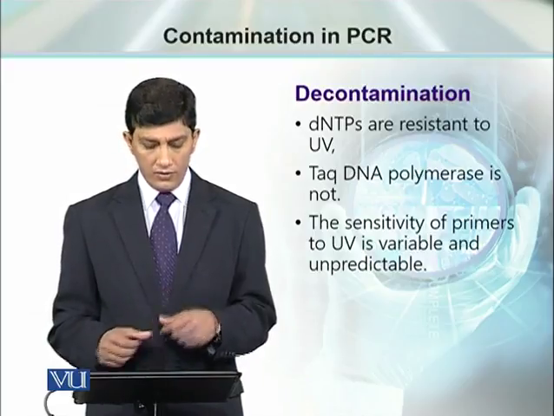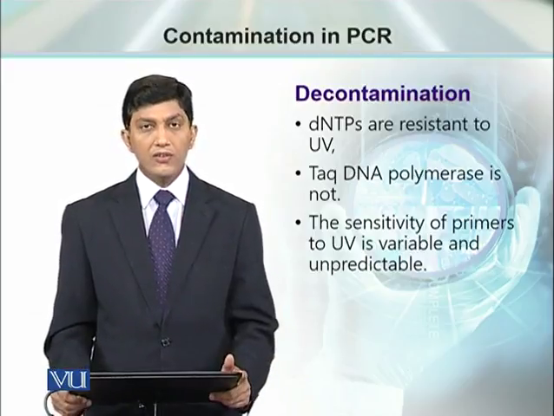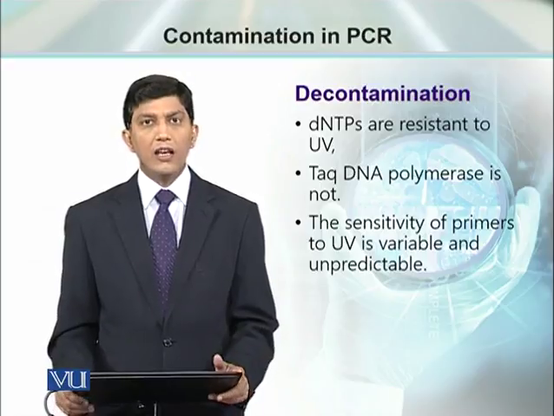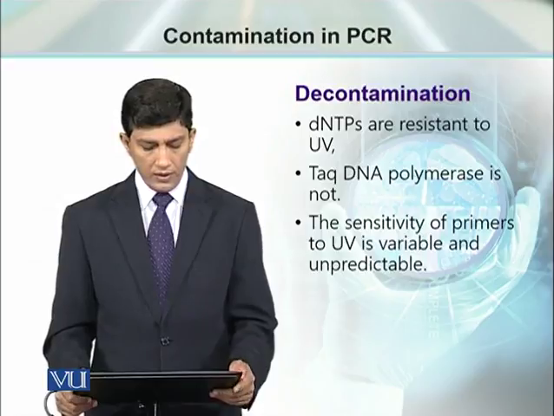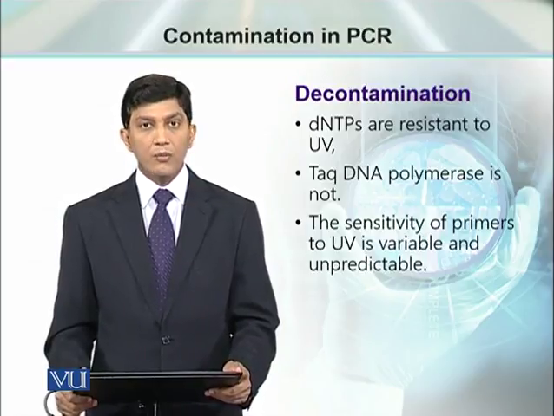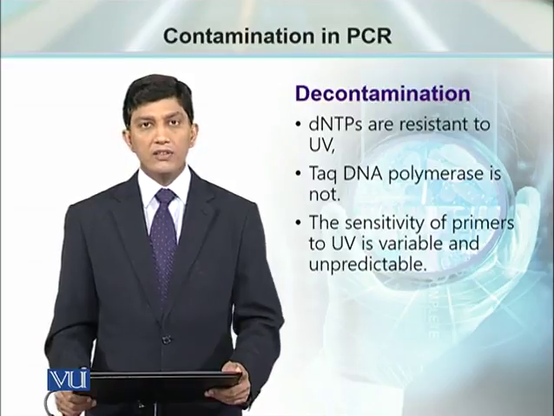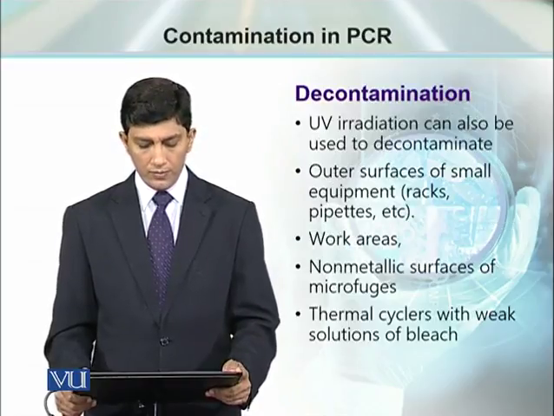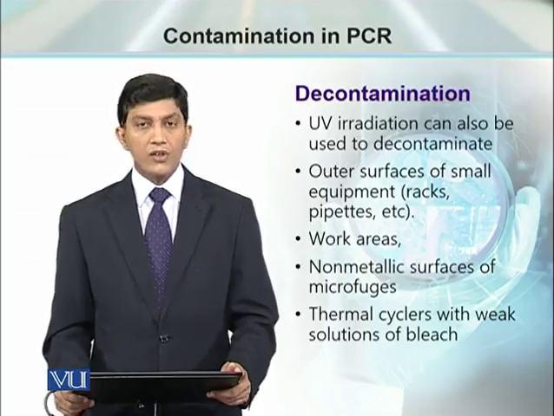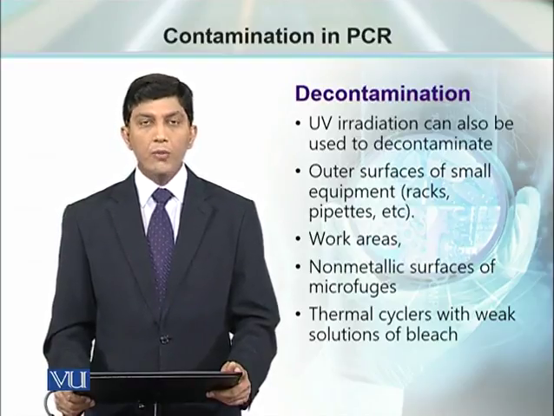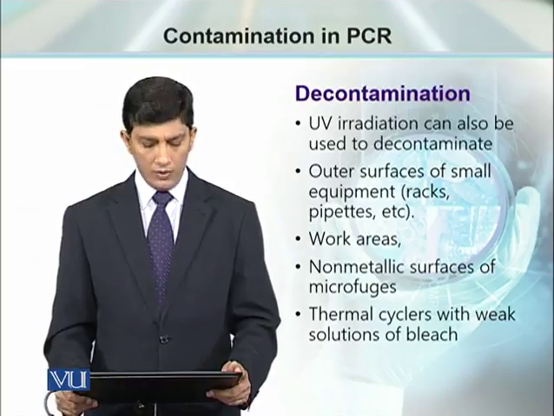Taq DNA polymerase is resistant to UV light, so it can be decontaminated using UV light. The sensitivity of primers is variable, so one has to look at whether the primers are sensitive to the UV light or not. The outer surfaces of smaller equipment can be decontaminated using UV light.